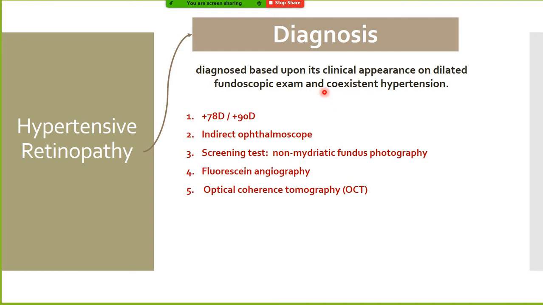Make sure you correlate hypertension and its duration and the medications taken. Usually we diagnose with 90D, or IDO, and then optical coherence tomography and fluorescein angiography can again be used. These are the major things which we use for a fundus examination.